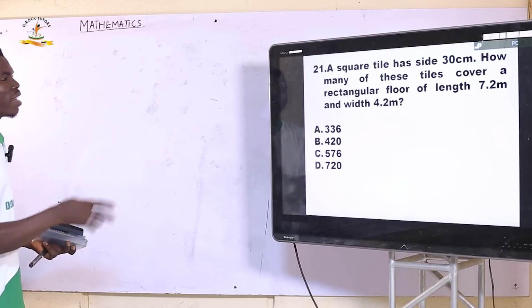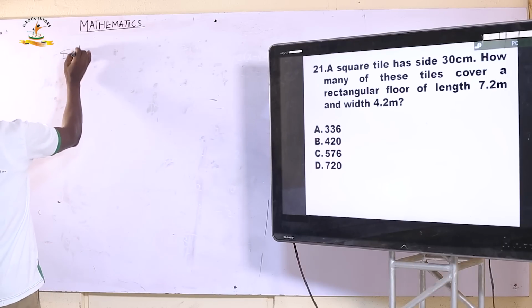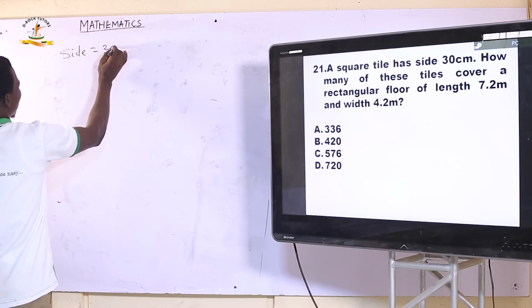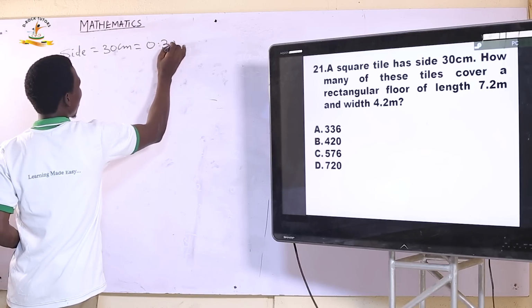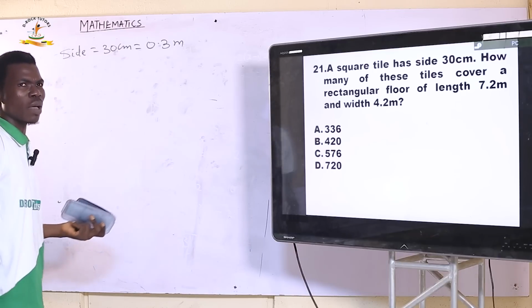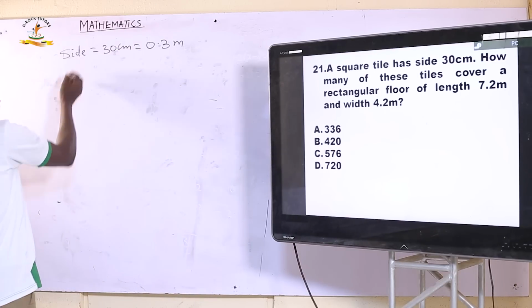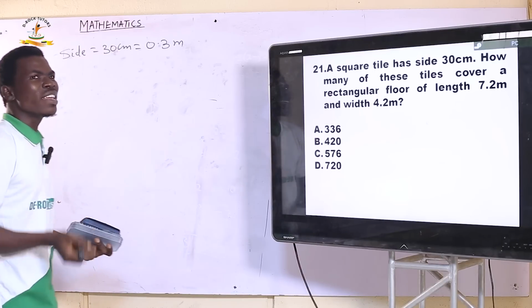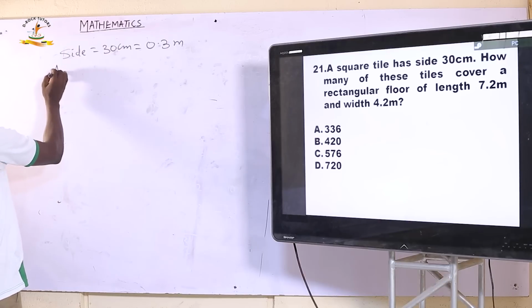So there is a square tile that has a side of 30 centimeter. So side is equal to 30 centimeter, which is the same thing as 0.3 meter. So you divide 30 centimeter by 100, you get 0.3 meter. And don't forget, for a square, the area is going to be length squared. So what is going to be my area of the square tile?